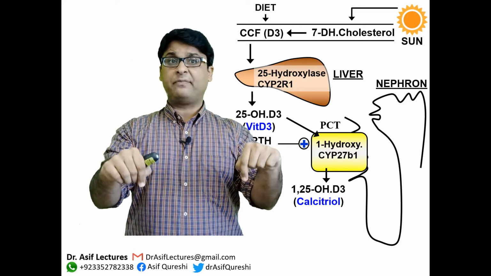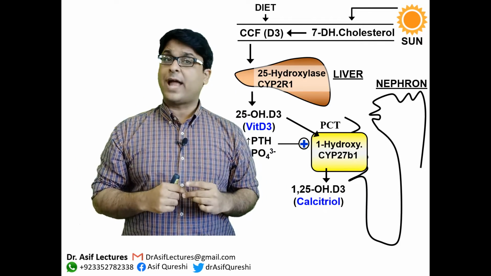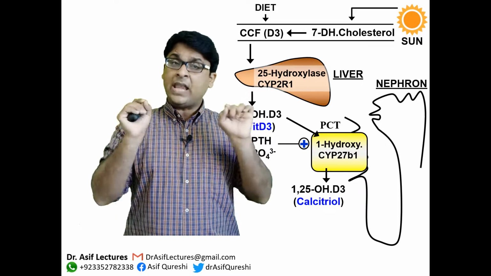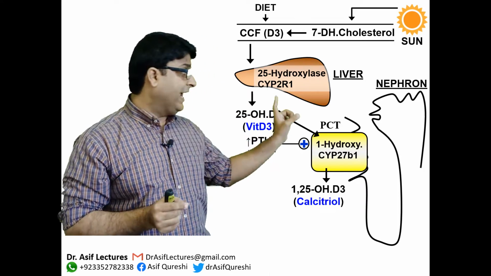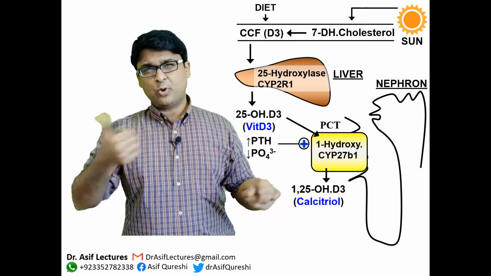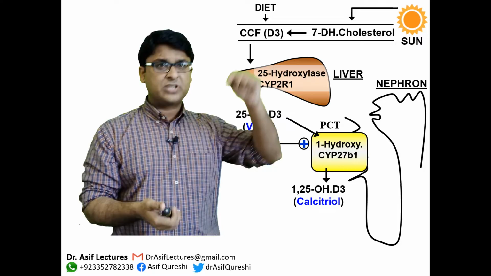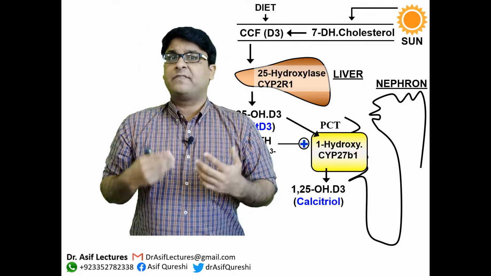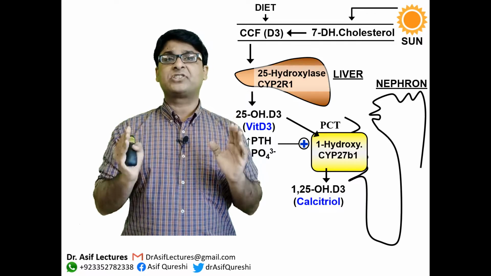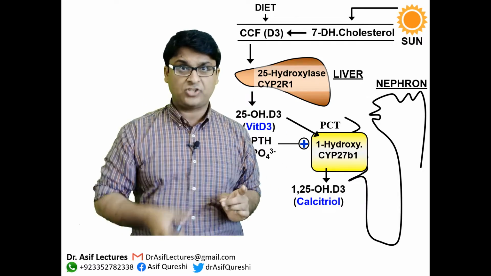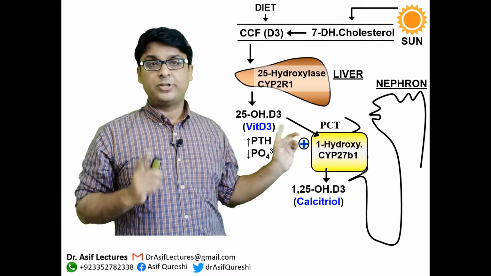I've given the link of that video in the description so that you can have a look at how parathyroid hormone and low phosphate increase 1-hydroxylase activity. So calcium goes down, parathyroid goes up, it comes here via the receptor, cyclic AMP production, and 1-hydroxylase activity is enhanced. All this is discussed in detail in the parathyroid video, okay? So I recommend you watch that video if you have not watched it already.